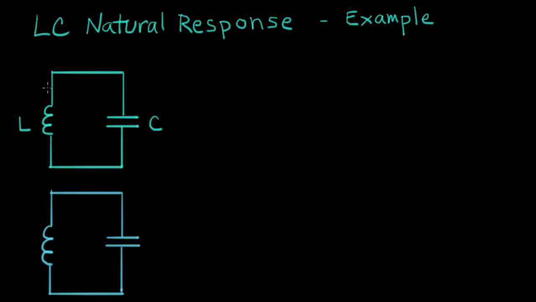So in previous videos, we worked out an expression for the current I in an LC circuit like this. And what we found was that I is the square root of capacitance over inductance times the starting voltage, V naught, times sine omega naught t.